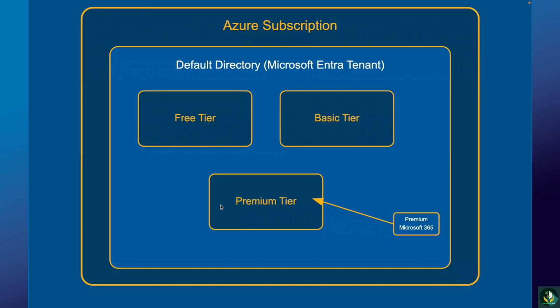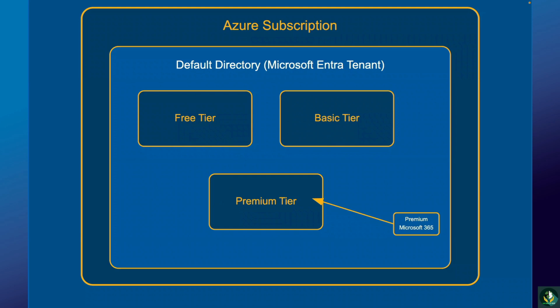For more advanced identity management features, Microsoft offers paid versions of Entra ID. These come in two tiers, basic and premium. Specific features available in each tier are designed to meet different organizational needs and security requirements.